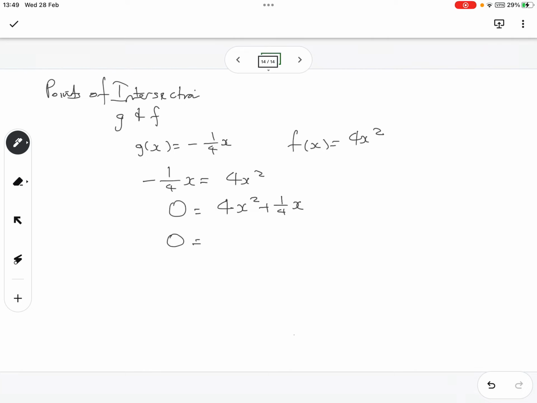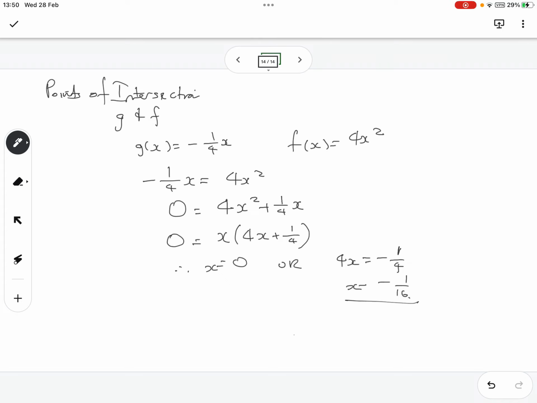That's why the math was wrong. x into 4x plus 1/4. Therefore, x is 0, or 4x equals negative 1/4, and x is negative 1/16. That's how they've got the first coordinate.